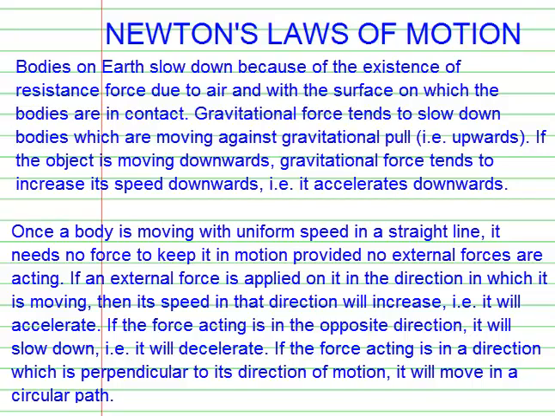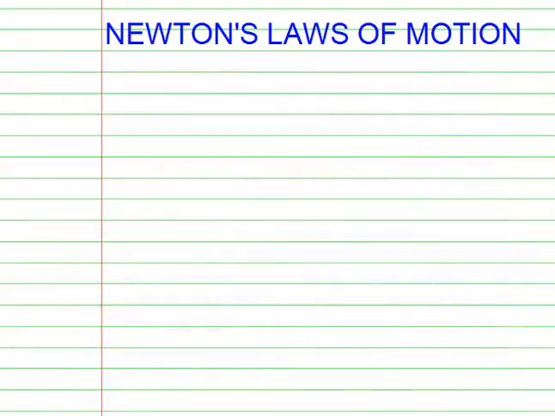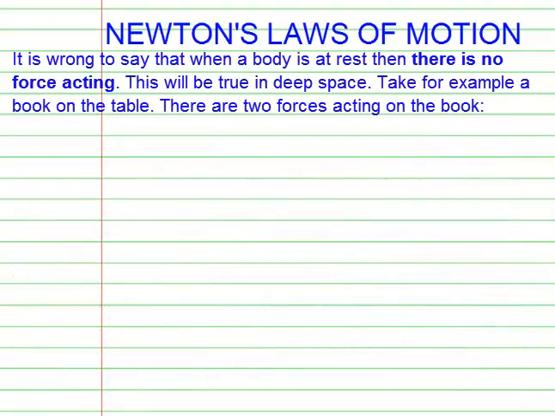Another point that we note here is that it is wrong to say that when a body is at rest, then there is no force acting. This will only be true in deep space. Take, for example, a book on the table. There are two forces acting on the book.